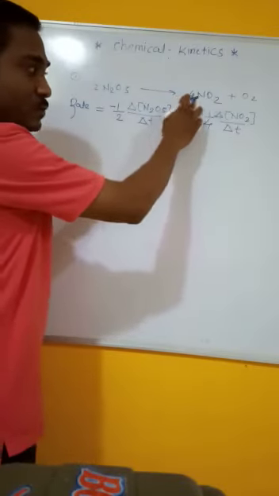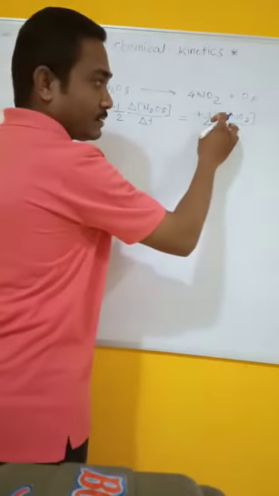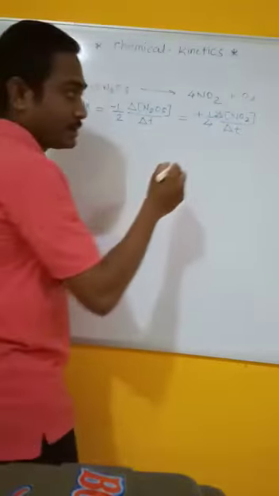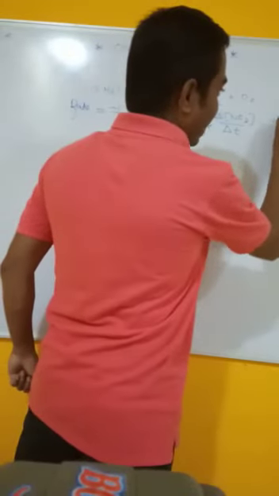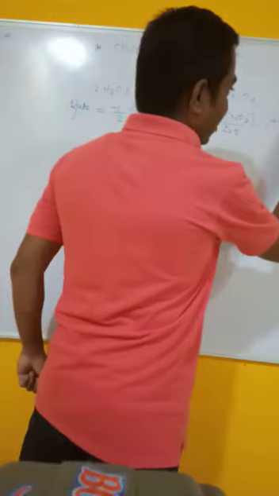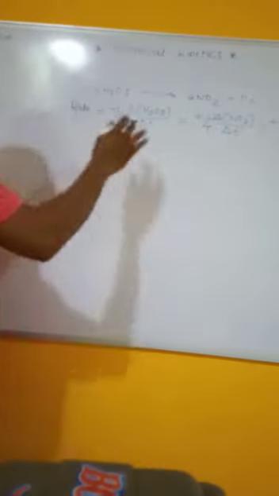Here 4 is a coefficient, therefore it is taken as a fraction 1 by 4 grad NO2 divided by grad T. Similarly, plus sign grad concentration of O2 divided by grad T.